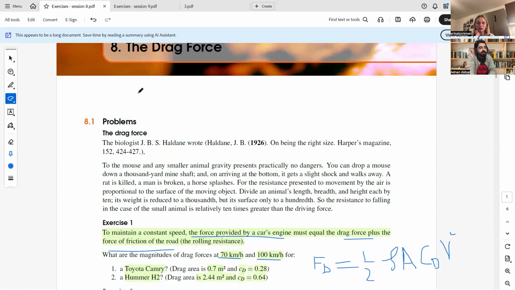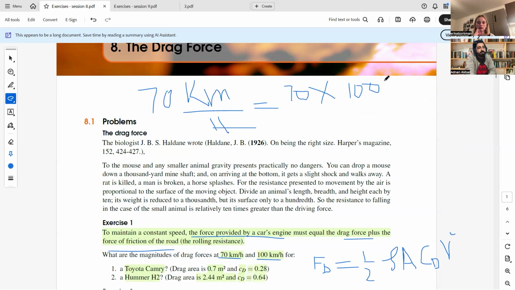For example, for 70 kilometers per hour, if we want to convert it into meters per second, what you need to do: 1 kilometer is equal to 1000 meters, so multiply the value by 1000, and 1 hour is equal to 3600 seconds, so divide it by 3600. Then we have the velocity in meters per second, that is 19.44 meters per second.